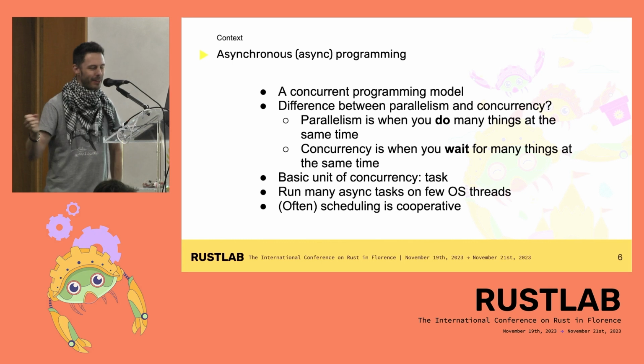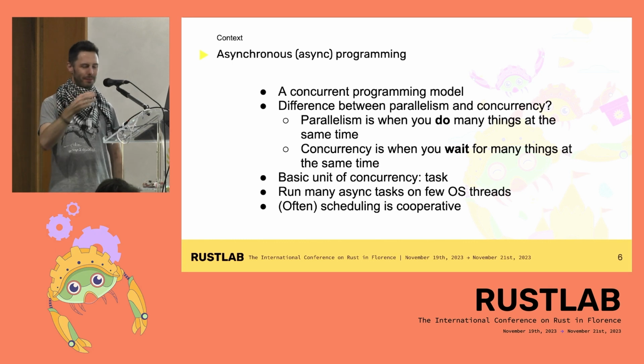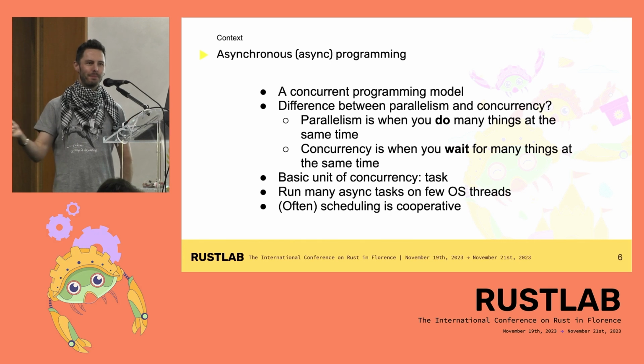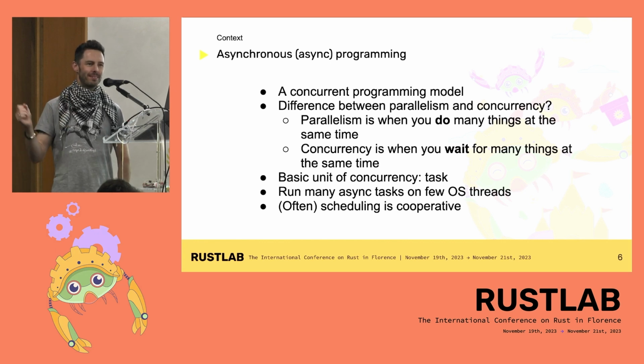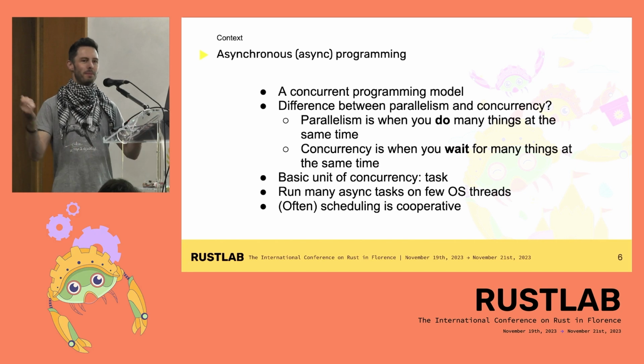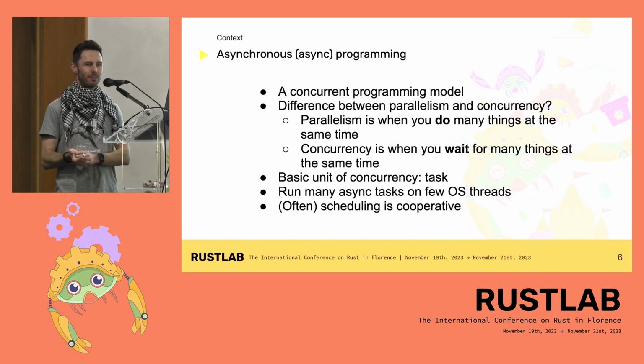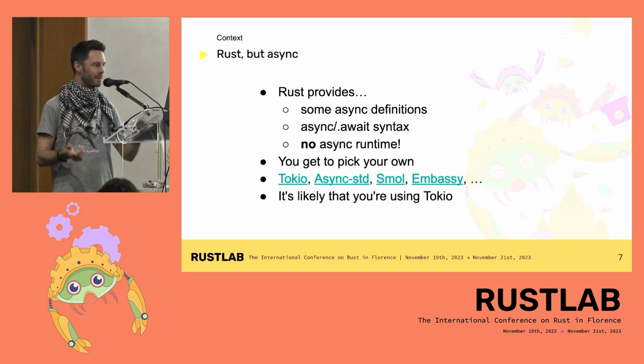The concurrent programming in Rust, and in a lot of other places as well, is cooperative. That means that the runtime can't yank your task, aside from a couple of exceptions, away from what it's doing. The task has to decide to yield back to the runtime. We'll go into this a little bit later on, but this introduces all sorts of opportunities for tasks to misbehave, which is perhaps one of the biggest problems that we see.